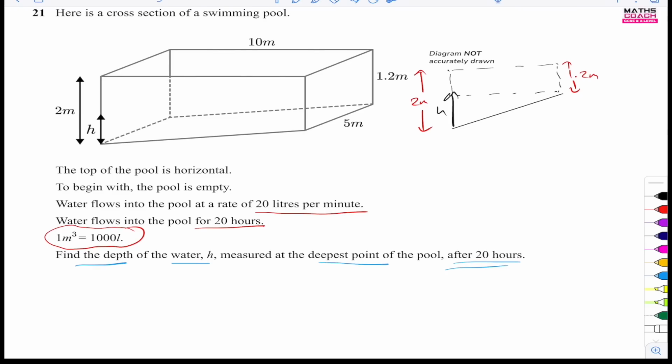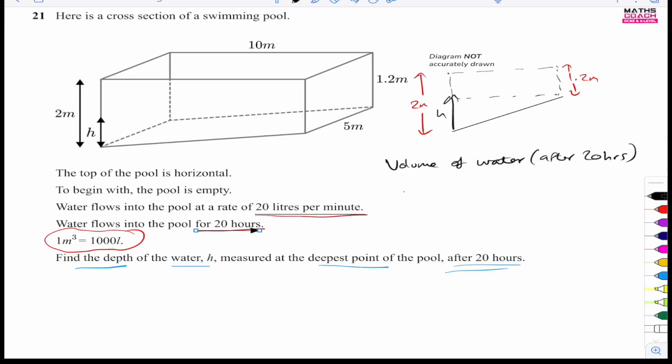Let's work out the volume of the water after 20 hours. We know that water goes in here at a rate of 20 liters per minute. And this happens for 20 hours. All right.